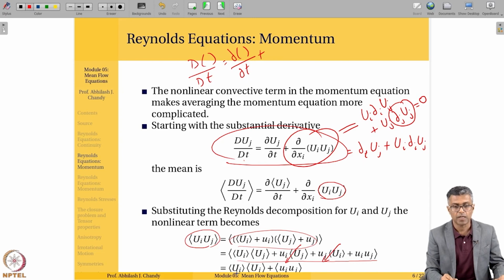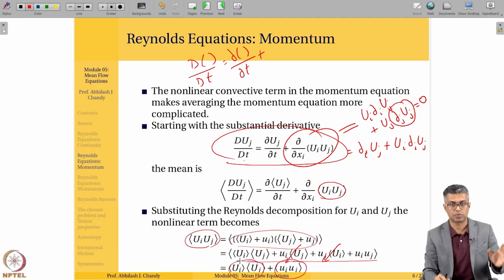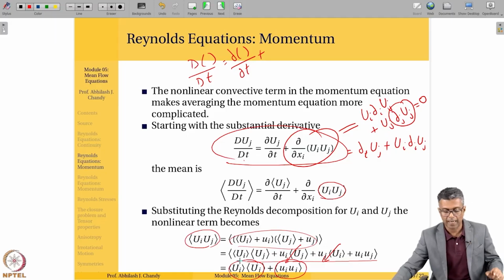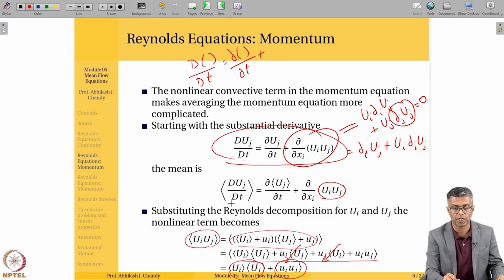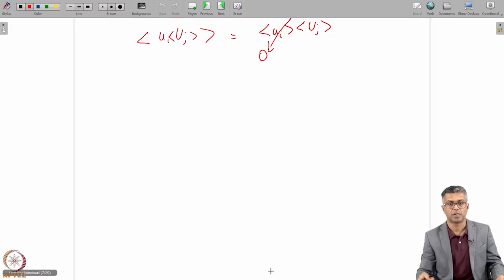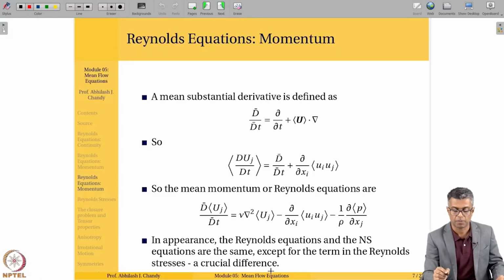What you're left with is ui mean uj mean plus the mean of ui uj. This is the Reynolds stress, the product of the two fluctuating components. So that is what you end up substituting in the mean of the substantial derivative: del t of uj and del xi of these two components.